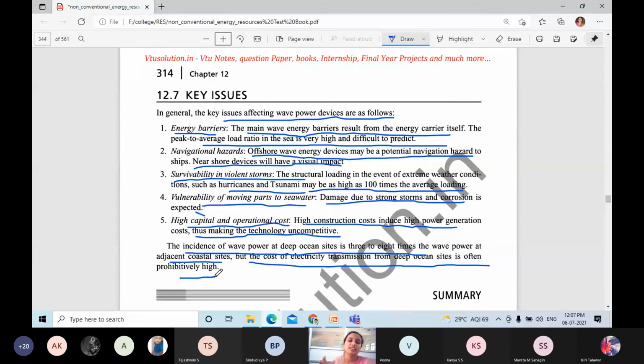Many protecting devices are required, so the cost of transmission will also be high. So not many plants are available in the world.